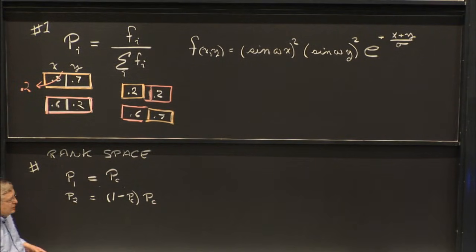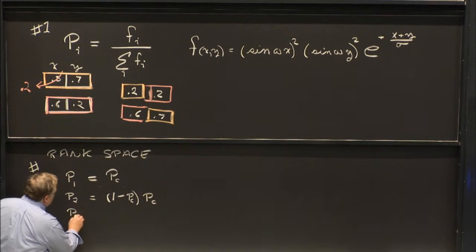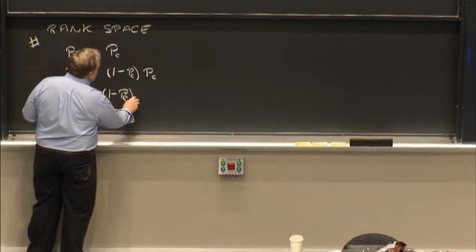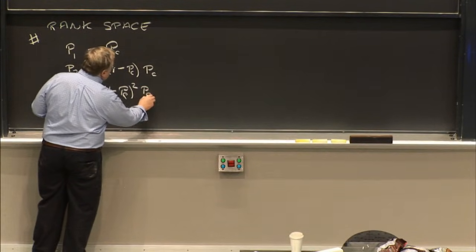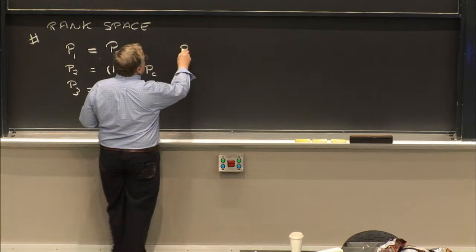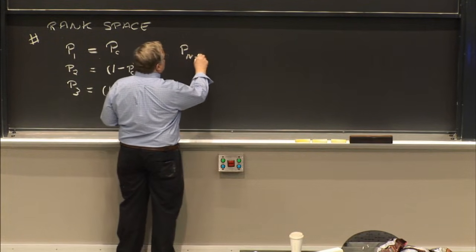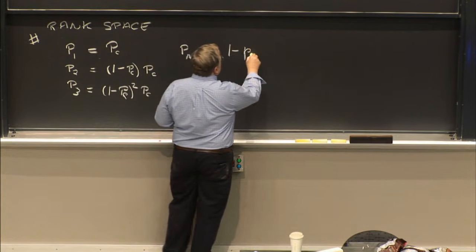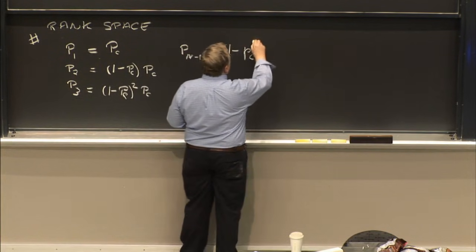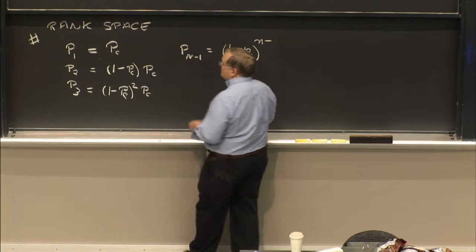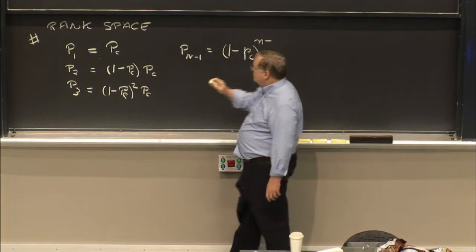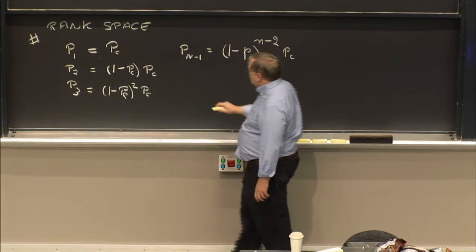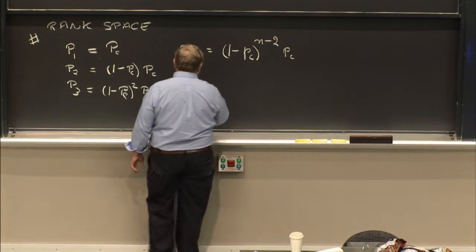And so you can see how this is going. P3 will be equal to (1 minus p sub c) squared times p sub c, p sub n minus 1 will be equal to (1 minus that probability constant) to the n minus 2 times p sub c.